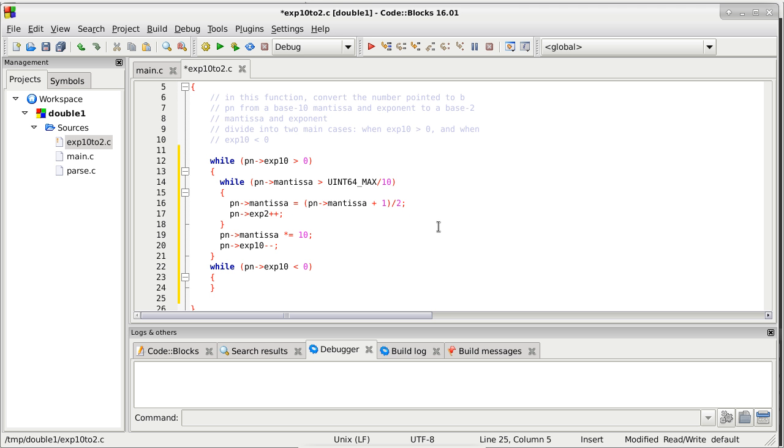Are we guaranteed, using this loop, that the mantissa would have bit 63 set? Is it guaranteed? There's no guarantee, right?